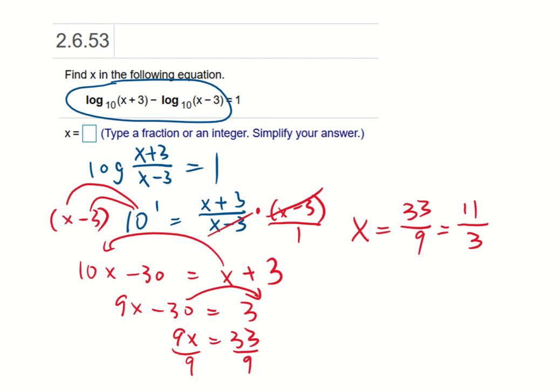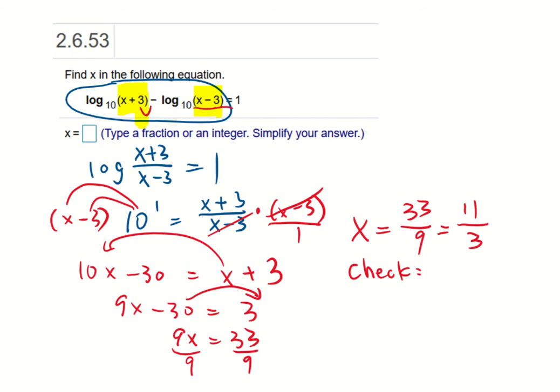Alright, so one more step we need to do is to check if this answer, 11 over 3, will make each argument positive. So I'm talking about x plus 3 and x minus 3 needing to be both positive. Okay, so since 11 over 3 is positive, positive plus 3, it's positive. Okay, works over here.